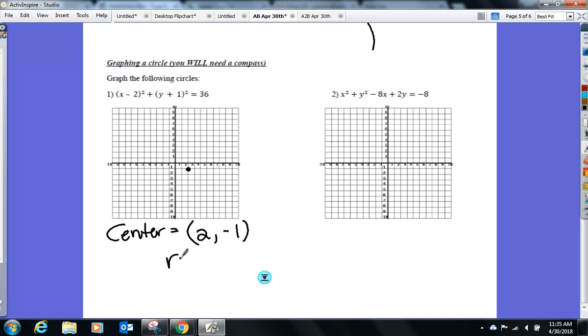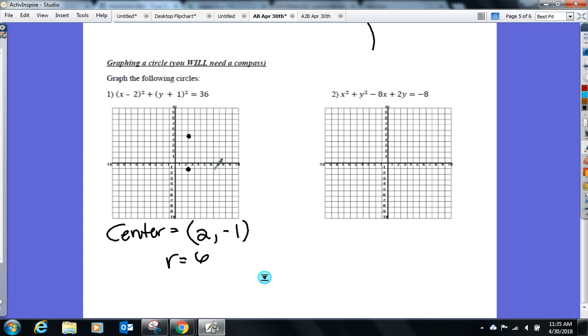How do you think I can graph a couple more points so I can graph this circle? Radius is 6. Will? I can go right 6, left 6, up 6, down 6 from the center. 1, 2, 3, 4, 5, 6.